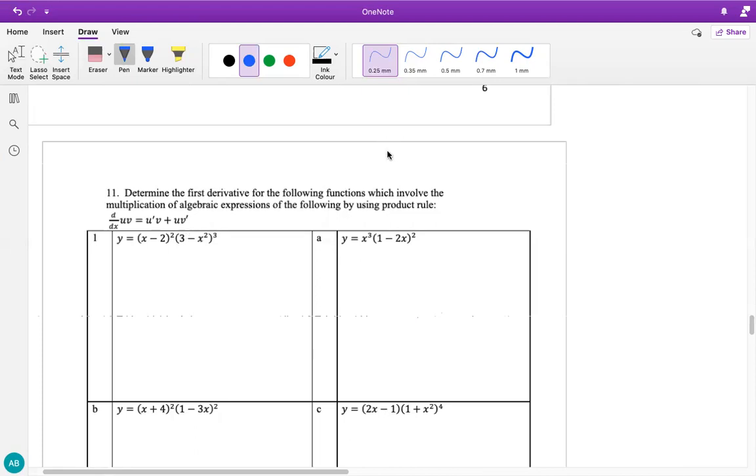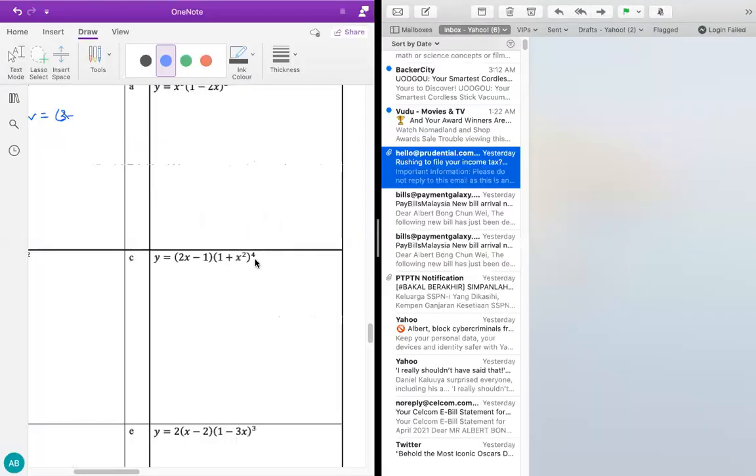So in order to solve this, if I have uv, then uv prime means I fix one and differentiate the other: I differentiate u and fix v, or I differentiate v and fix u. So for beginners, usually we will write y equals uv. Therefore, u is x minus 2 squared, and v is x times 3 minus x squared.